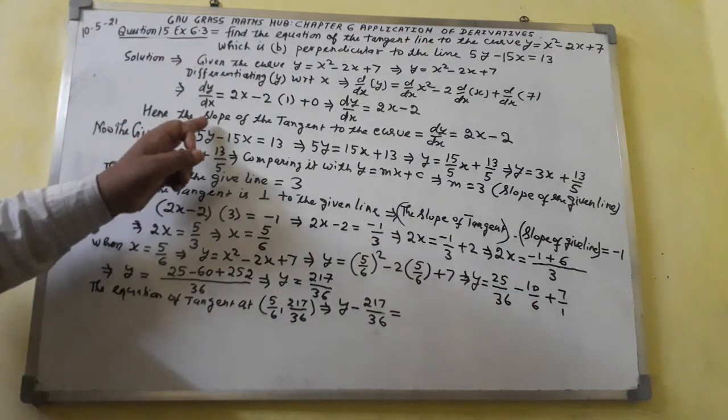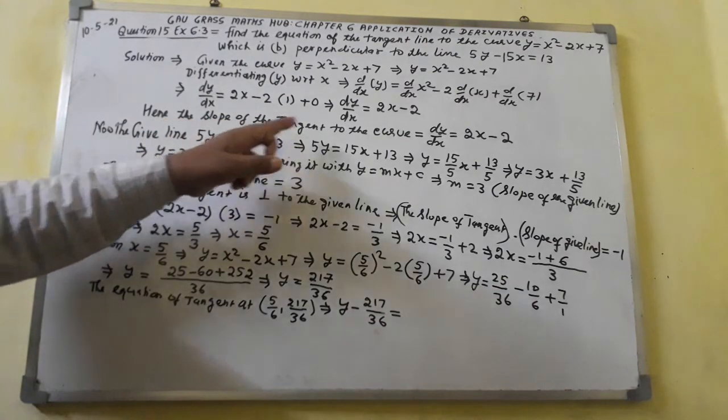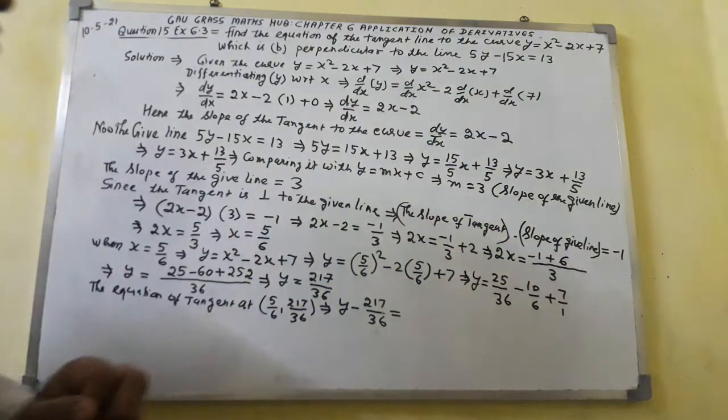Here you have got slope of the tangent, you have got 2x minus 2.